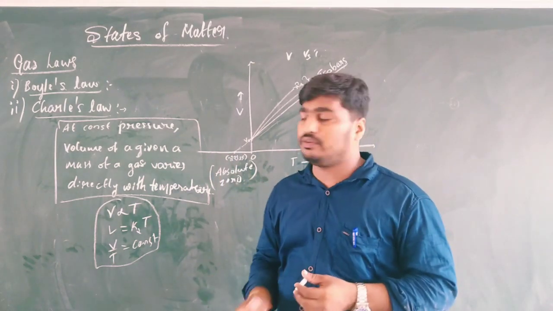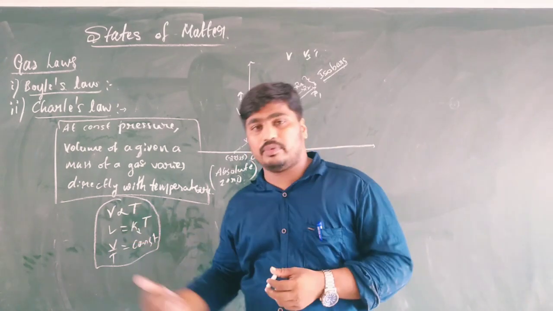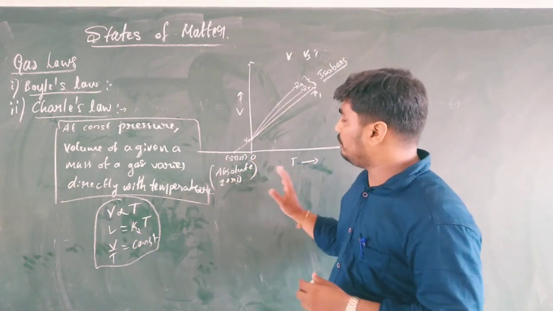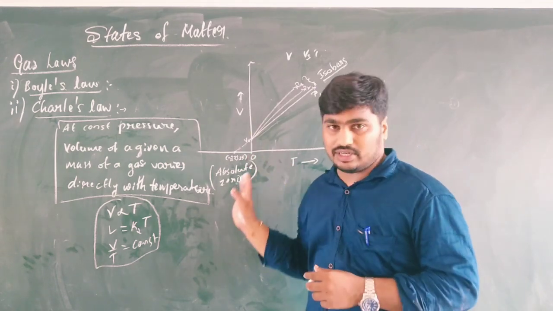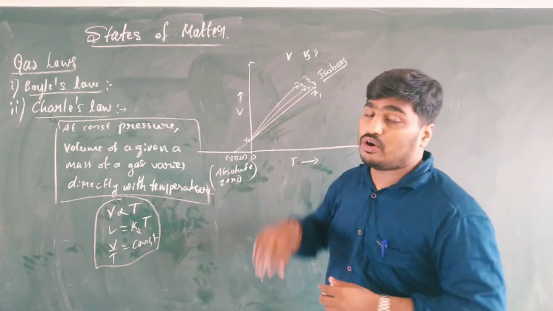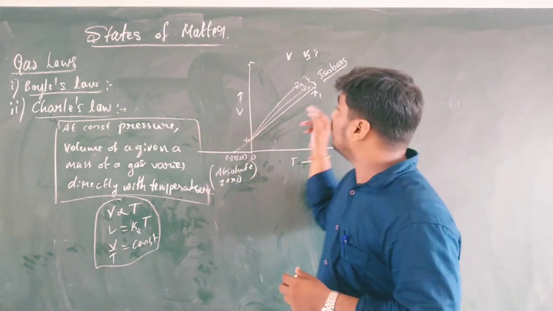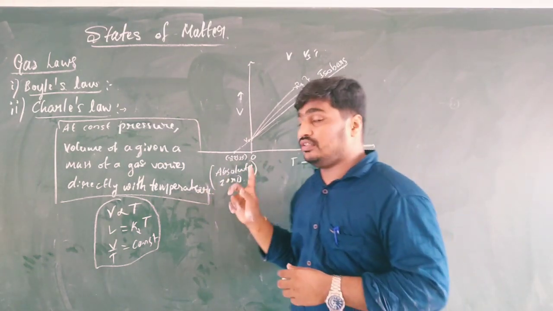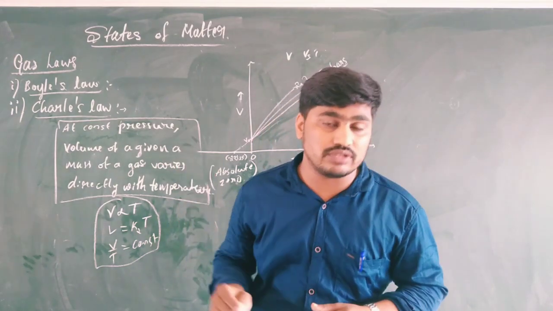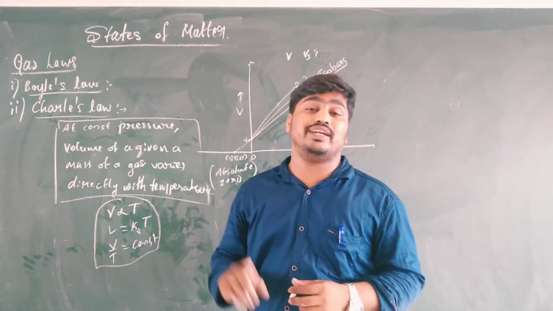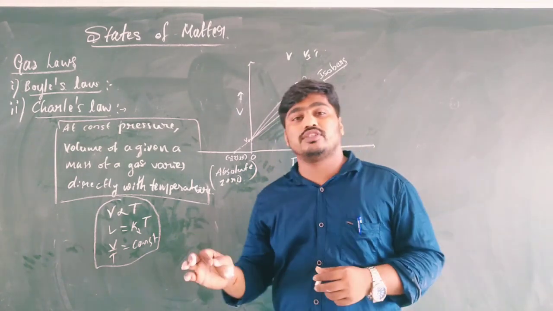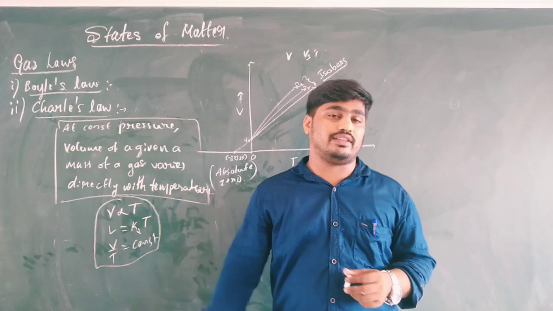When we simplify the equation, we get V is directly proportional to T at constant pressure, and when we plot volume versus temperature, we obtain curves. These constant pressure curves are called isobars, and the isobars always cross the temperature axis at minus 273.15. That temperature is known as absolute zero, because volume becomes zero at that temperature.